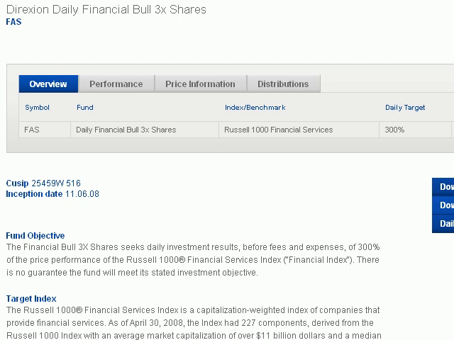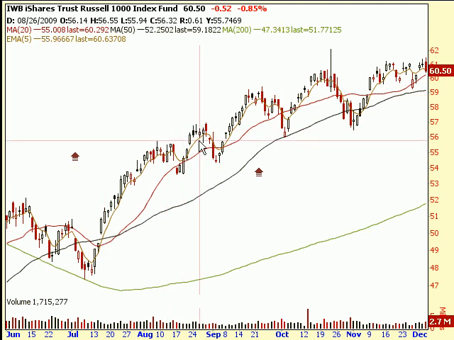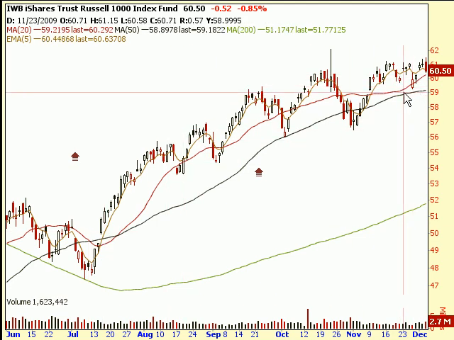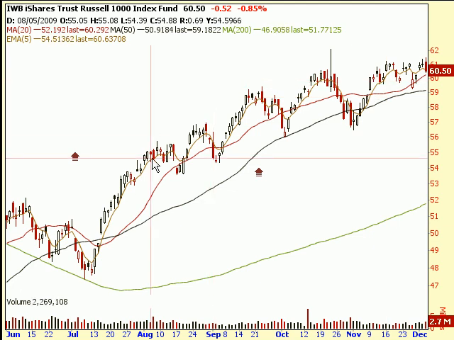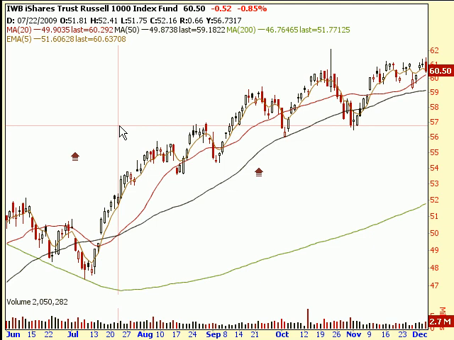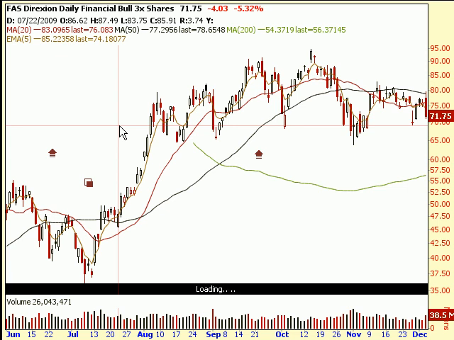If we flip over and look at the Russell 1000, you'll see that the ticker is actually IWB. So here is a chart of the IWB, which is apparently what the FAS is based off of. Keep this chart in mind, remember what it looks like. As we switch over to FAS, you'll see that it looks more like this, which doesn't really look much like this.